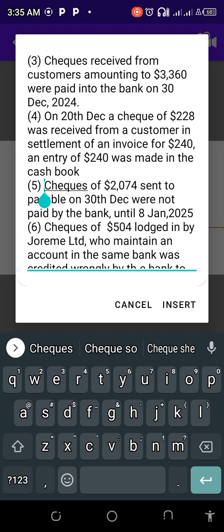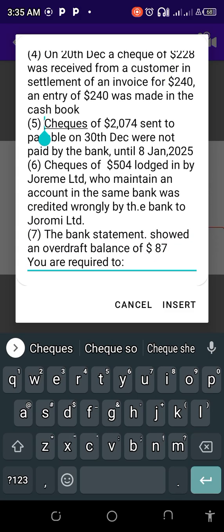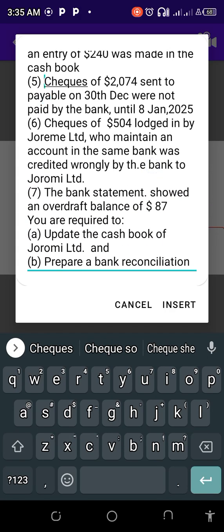5. Checks of $2,074 sent to payees on 30th December were not paid by the bank until 8 January 2025. 6.